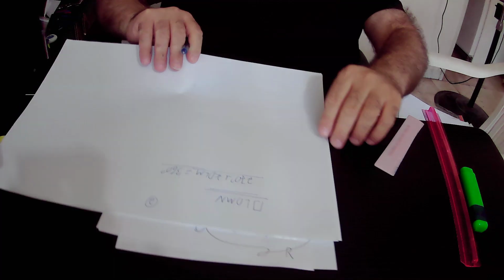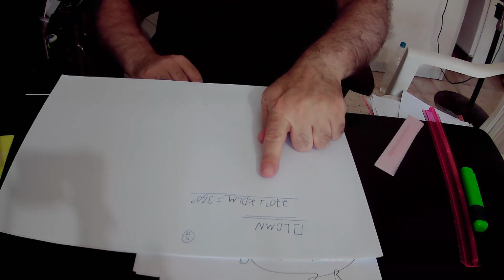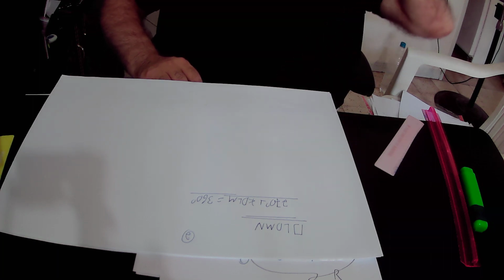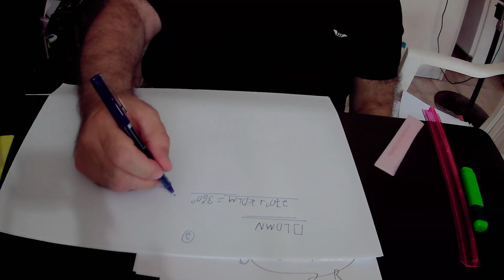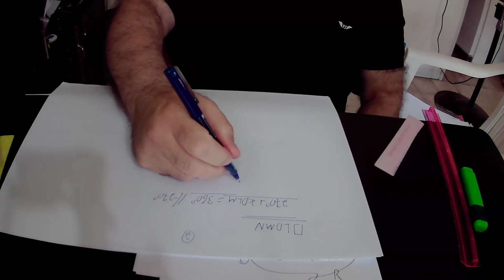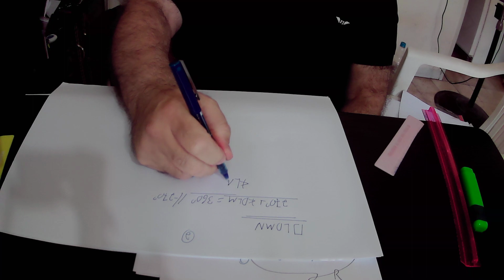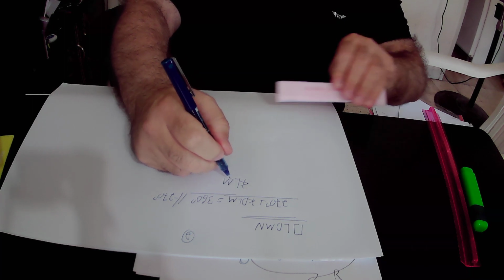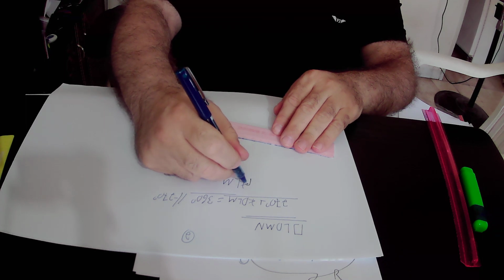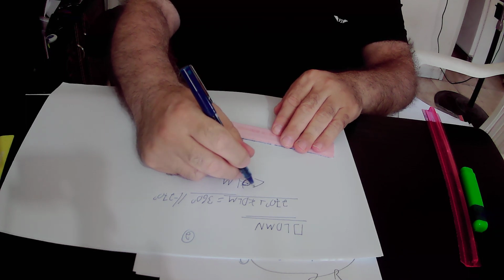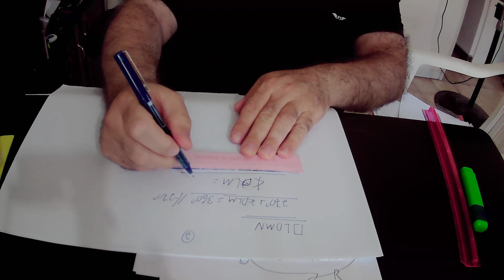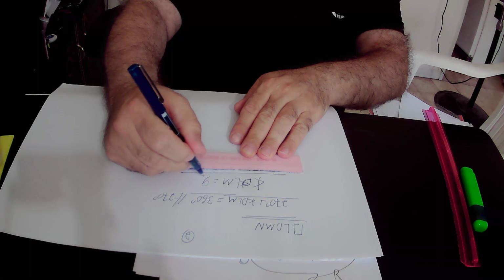Here we subtract 270 degrees from this equation, and we get that the missing angle DLM equals 360 degrees minus 270 degrees, which is 90 degrees.